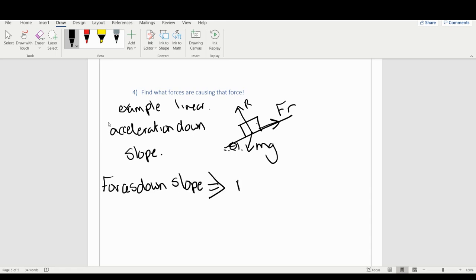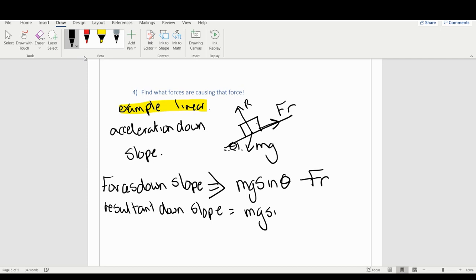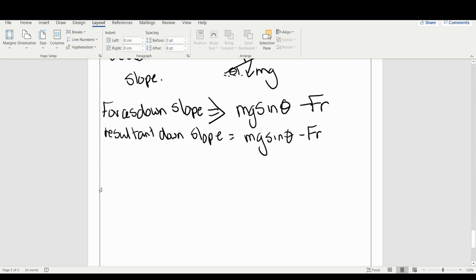Well, that's going to be mg sin theta, pulling me down the slope, minus the friction. So the resultant down the slope, this is a linear example, is mg sin theta minus the friction. And then you apply your F equals ma. So you know that the resultant force would be ma, and you then solve it.